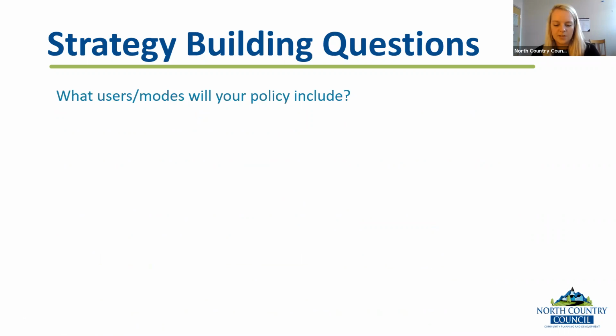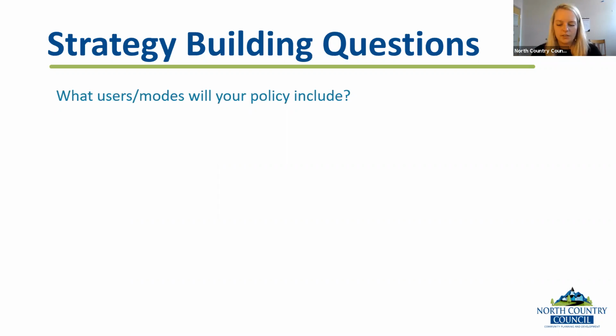So moving into the next part, this one should be pretty quick and easy. What kind of users or modes do you want to include in your policy? Ideally, of course, you would say all, but I know a lot of the North Country up here, there isn't necessarily public transit, so you can leave that out of your policy.